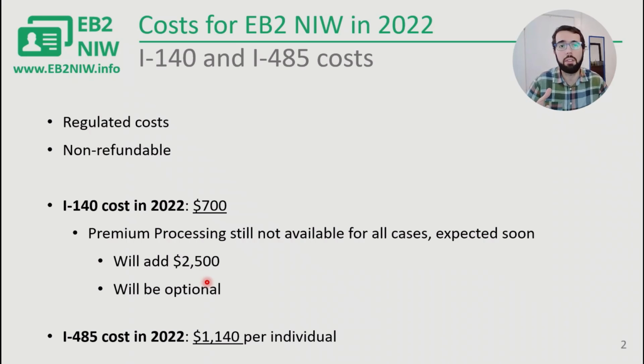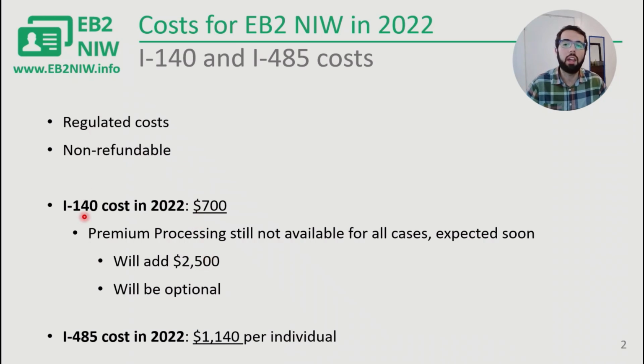And we'll have a different video covering what are the typical processing times and what you should expect for each case. Finally, if you are in the US, you'll have to pay for the I-485. That's the adjustment of status. Once your I-140 is approved, then you have to convert your status into this green card status. And that will add a little bit over $1,000 for each individual.